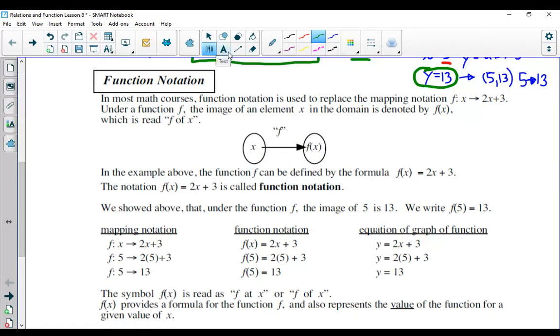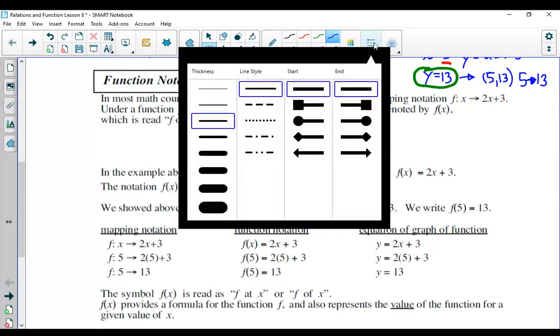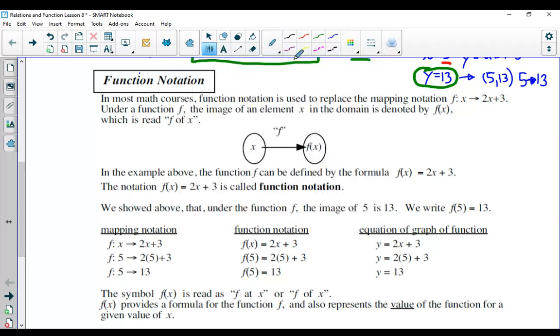Now we're going to get into some slightly different notation. We've looked at the XY notation and the mapping notation. Now we're going to introduce something else called function notation, which is a very common type of notation that you'll need to use in math courses moving forward. In most math courses, function notation is used to replace mapping notation. So again, we don't really like to write it like this. Under a function, the image of an element x in the domain is denoted by f bracket x bracket.